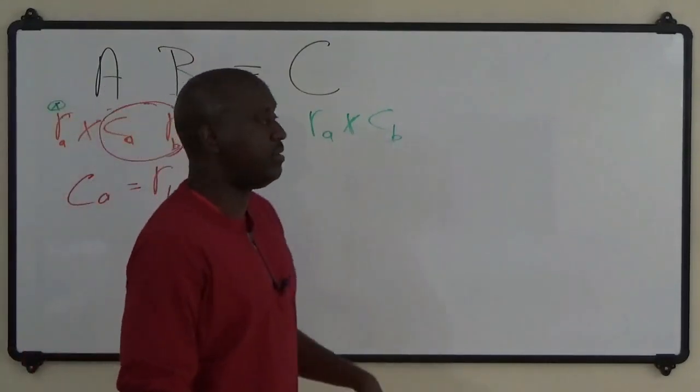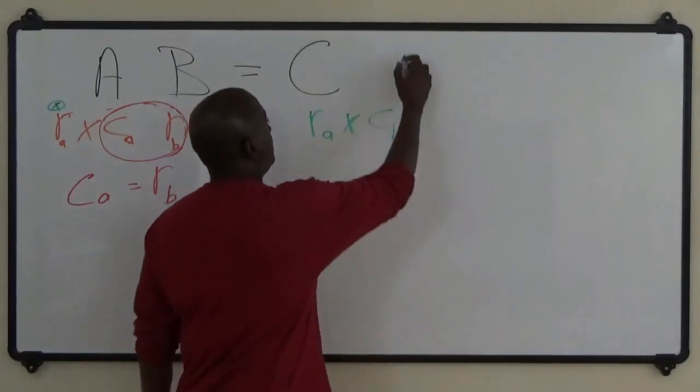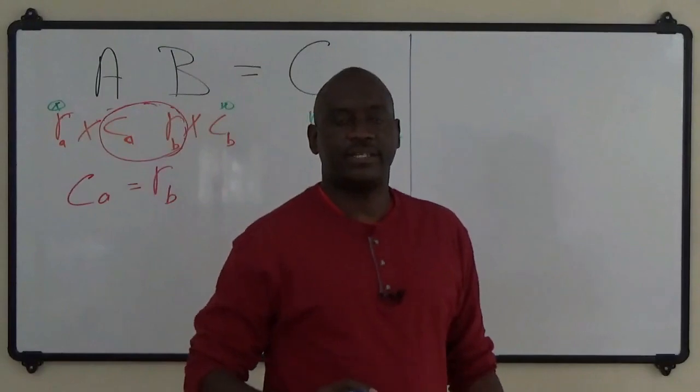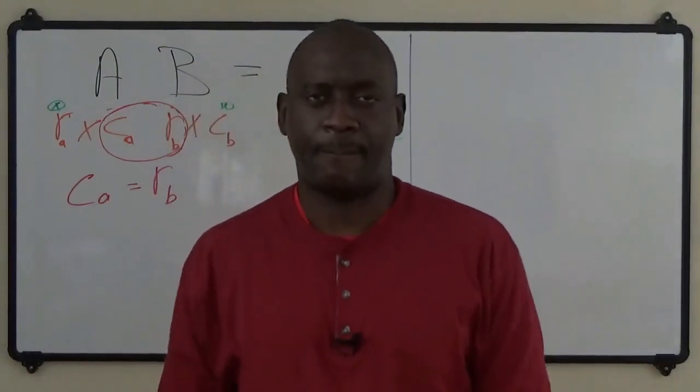The exception to this general rule is when we have to multiply a matrix by a scalar quantity. All right?